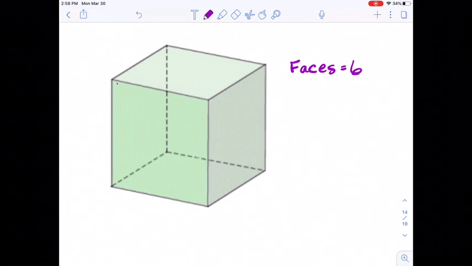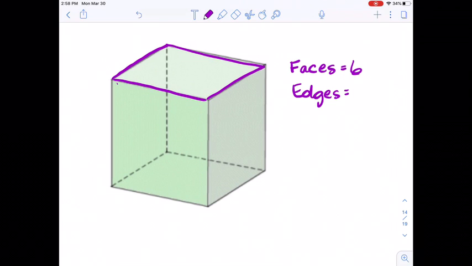Now that I've erased all that work that we did to figure out the faces, let's talk about edges and see how many edges we think that this cube has. Let's draw them and count them as we go. So here's 1, 2, 3, 4. Notice I'm tracing over each one as I go, so I know I've already counted it. So that's 4.